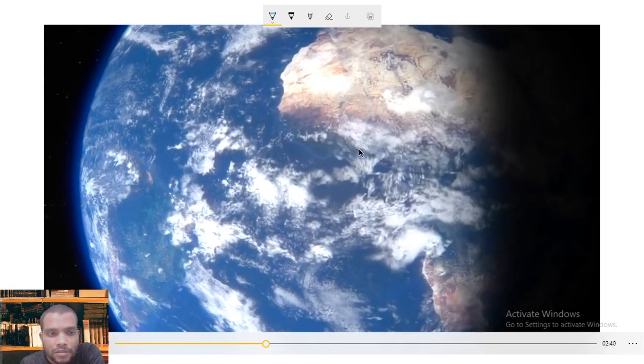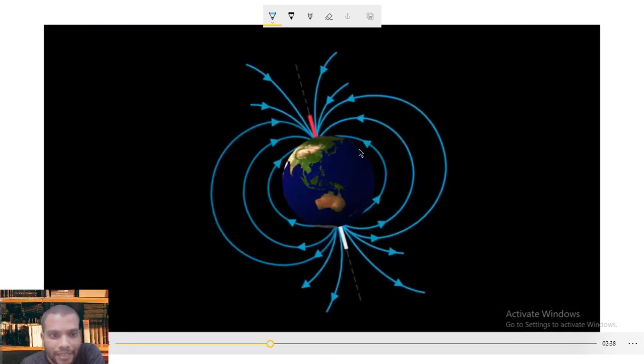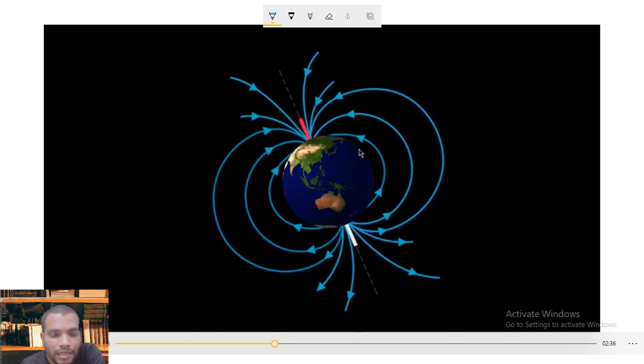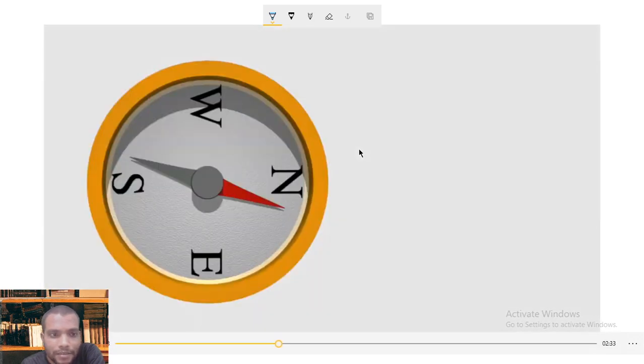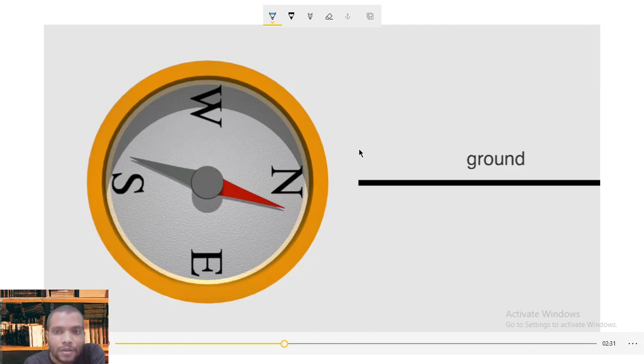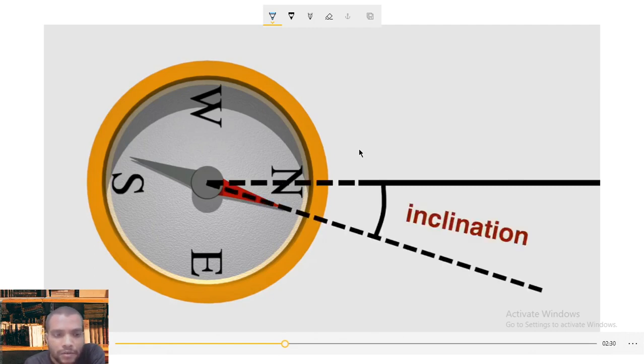We have discussed the Earth's magnetic field. The Earth's magnetic field is to be calculated by using two very important angles, the first known as the angle of inclination.